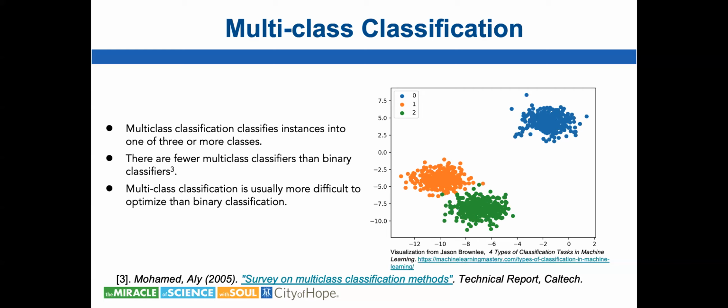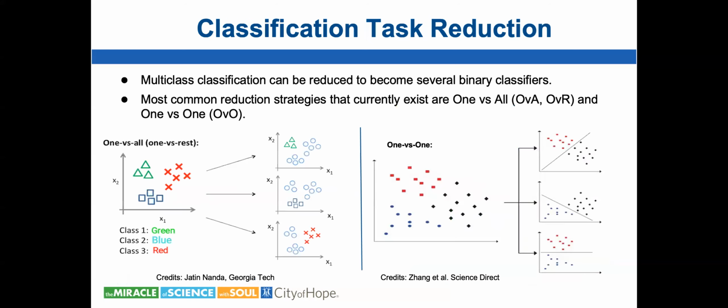So how can we deal with some of these issues of multi-class classification? One of the things that we can do is we can transform it into a binary problem. And the particular term in machine learning theory for this kind of task is called a task reduction, which just means that you're trying to transform the multi-class problem into several binary classifiers.